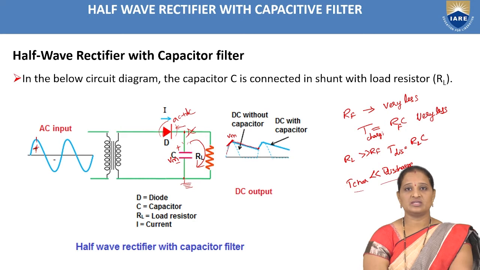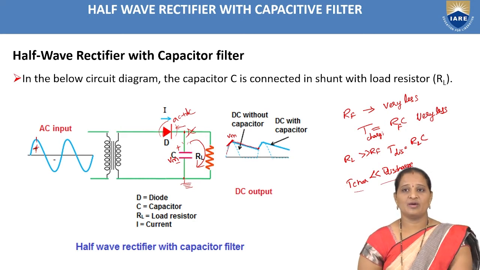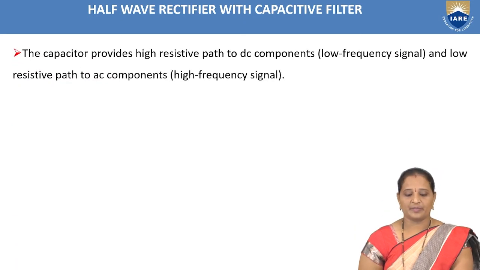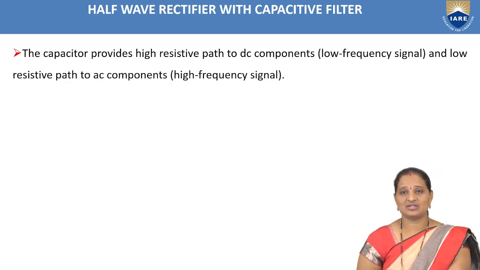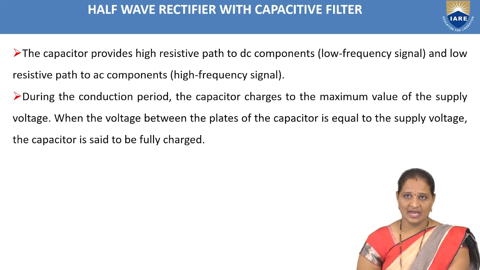So this is the operation of the half-wave rectifier with capacitive filter. The capacitor, as I told you, provides a high resistive path to the DC components and a low resistive path to the AC components.